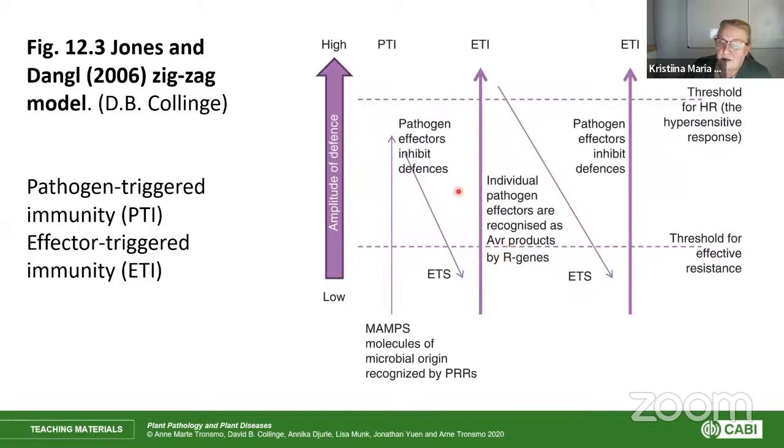This recognition also affects the strength of the immune response. And when there is a successful effector-triggered immunity, which exceeds the threshold for HR, the hypersensitive response, then we get the hypersensitive response, which is a sort of programmed cell death in the leaves of plants, for example, or in plants in general.